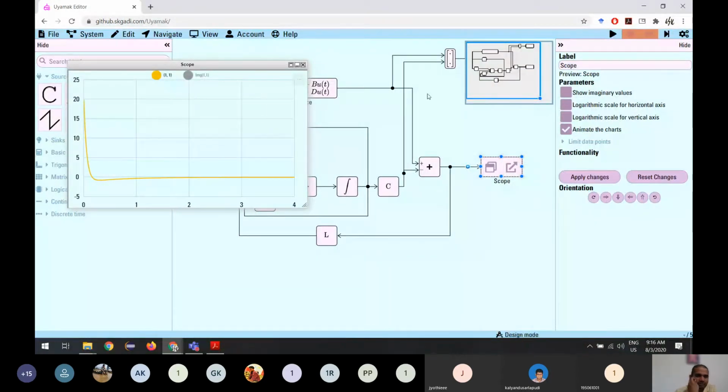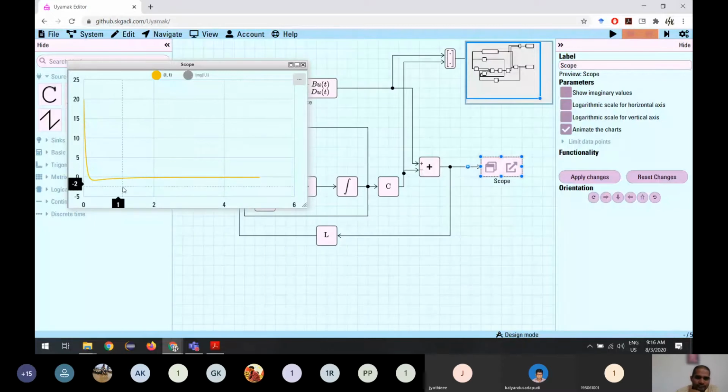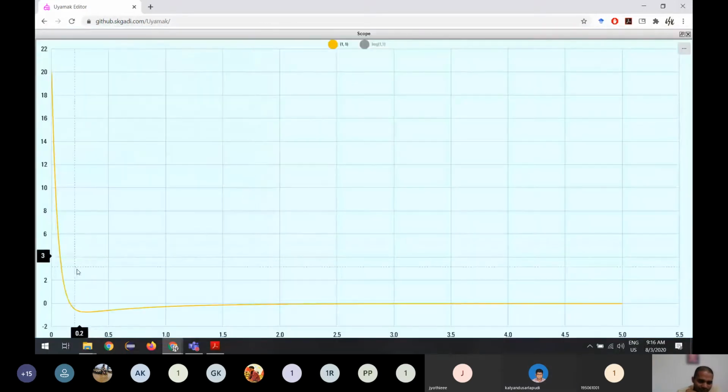This is the difference between outputs, which we can say is the error in estimation. It's getting close to zero in roughly 1 second. Yes, it took 1 second.